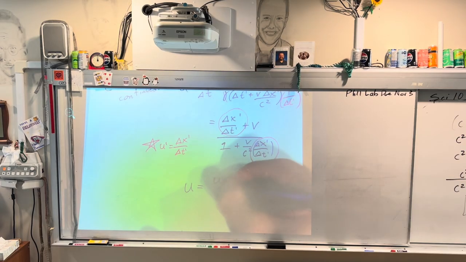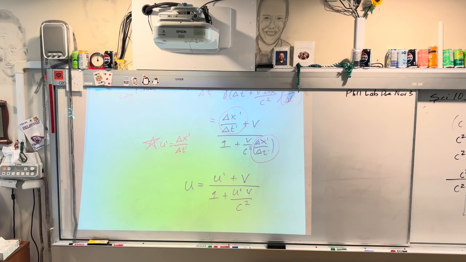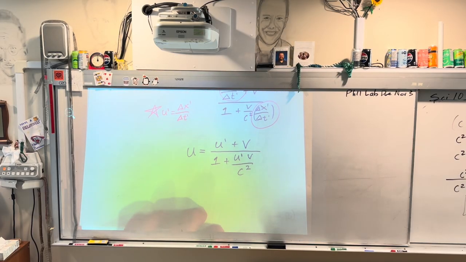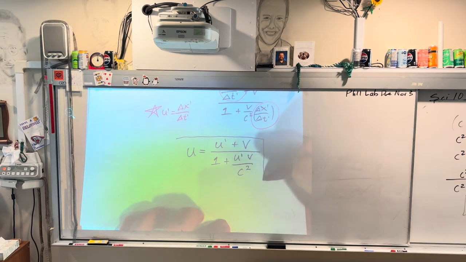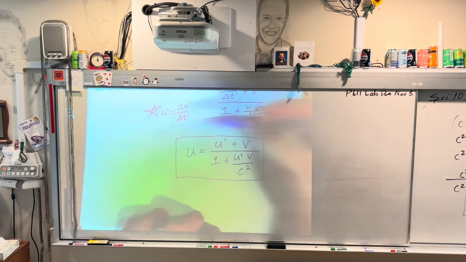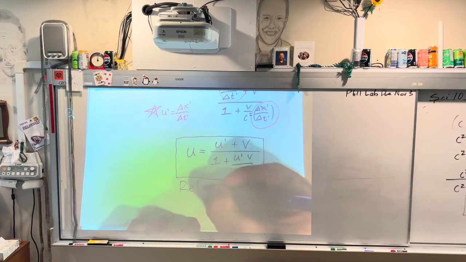And so this is u prime, the speed of the other reference frame, so the bike's speed, plus v, the speed he throws the penguin at, for him, over 1 plus u prime, times v over c squared. So this is Einstein's formula for relativistic addition of velocities.